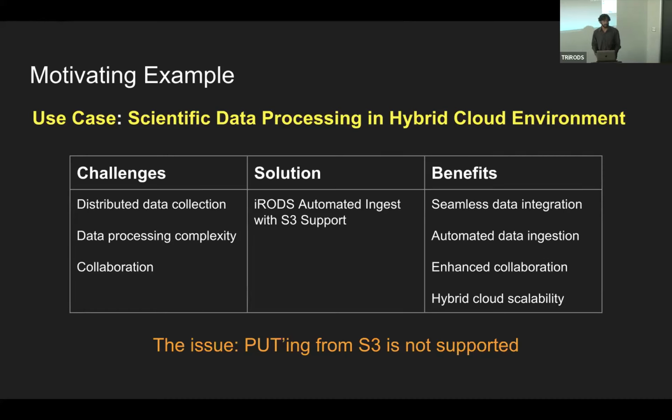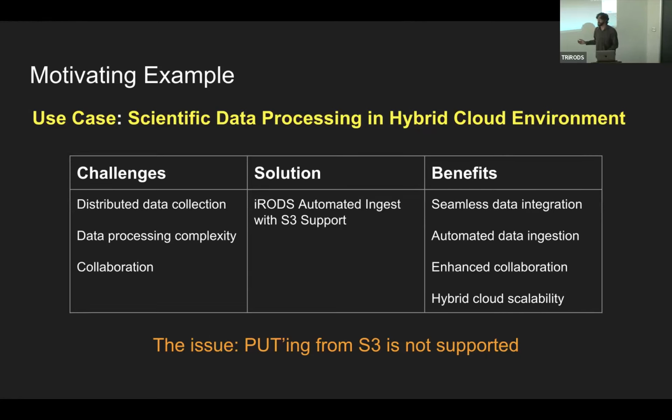Let's say we have a research project involving a team of scientists and researchers from different institutions around the world. This project generates a massive amount of data every day. The data might come from different sensors and simulations. Some of the challenges with a project of this size are data management and data collection.